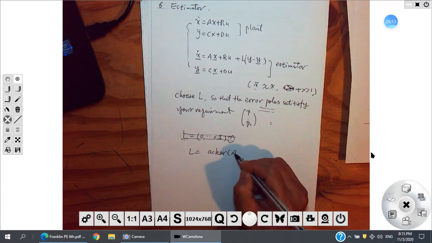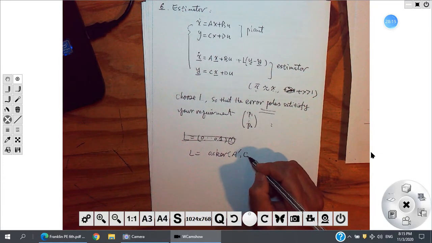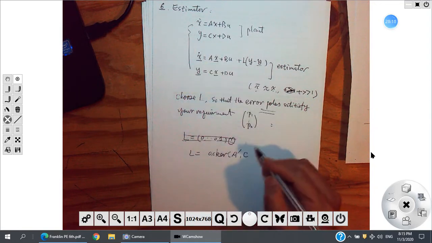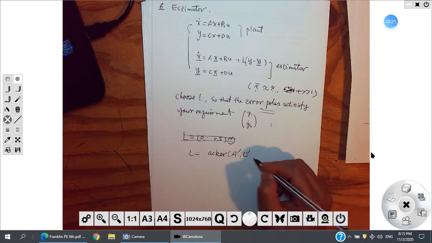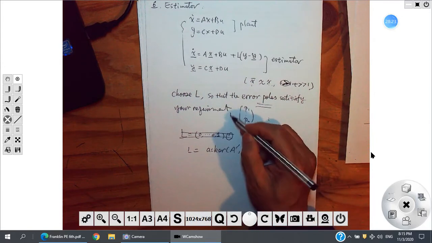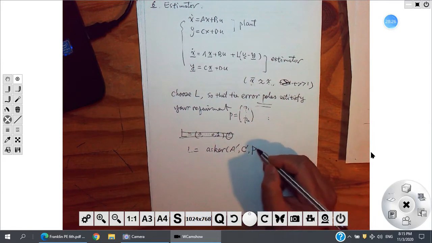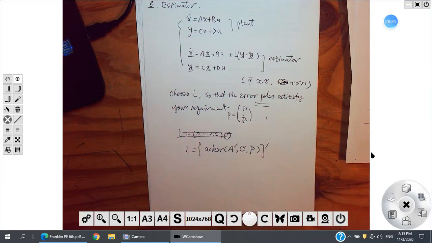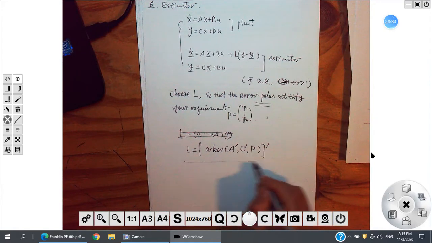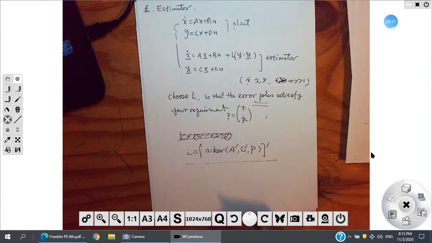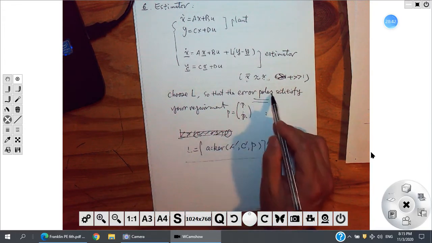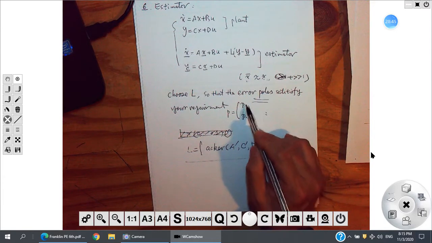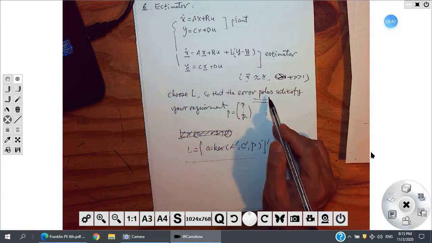Use A transpose and C transpose, and then here this is P. After you calculate this one, you take another transpose. So error is this one. You use this to calculate the error. Alright. You can set the error poles anywhere. Of course you can put them in the left half plane, so the whole system will converge.